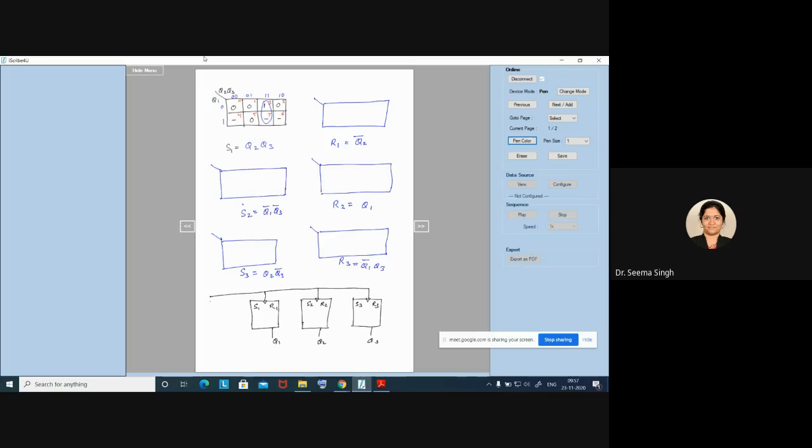So this will be your count pulse. You should write here C for clock. You can say count pulse, or you can also say it is a clock. Next, S1 is Q2 Q3.